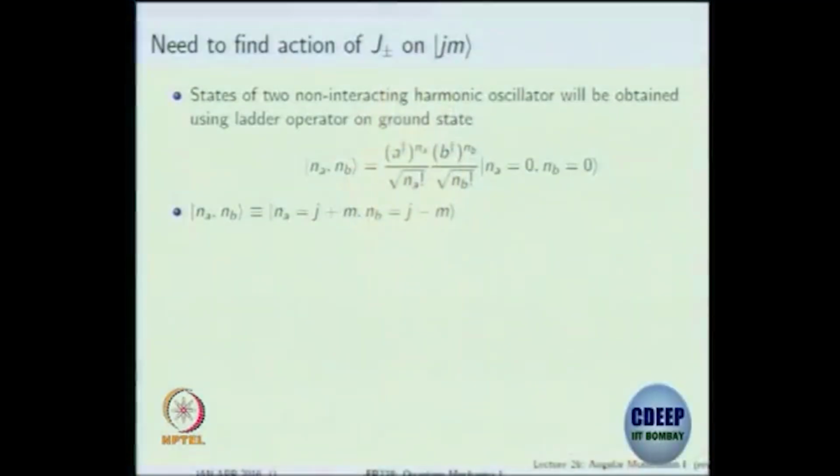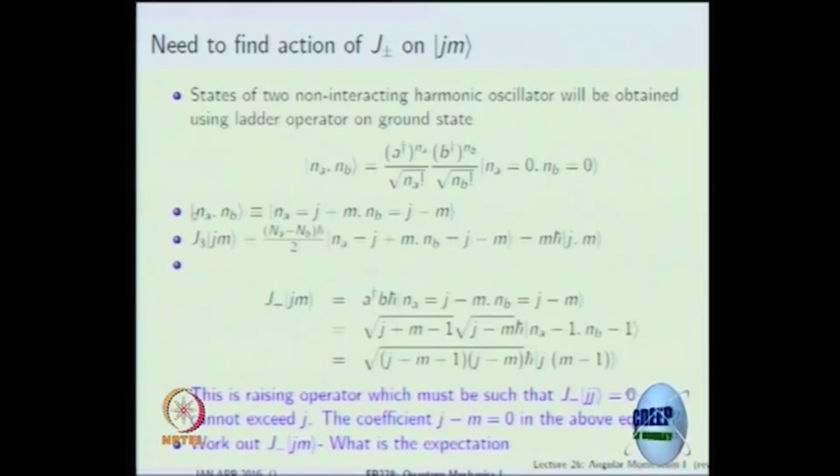So, just to go over it again on the slide. This is what we did, and you can try to write J3 eigenvalue as m h cross, and then J plus. If you try to do this, you will get Na raised by 1 and Nb decreased by 1, which you can write as J and magnetic quantum number increased by 1.